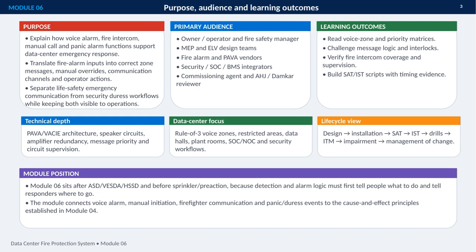Technically, we will cover PAVA and VACIE architecture, speaker circuits, amplifier redundancy, and supervision. The data center focus includes restricted areas, data halls, plant rooms, SOC and NOC spaces, and security workflows. The module follows detection topics and precedes sprinkler and pre-action systems, connecting alarm logic to clear human action.